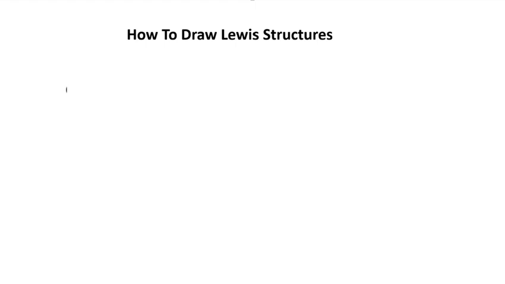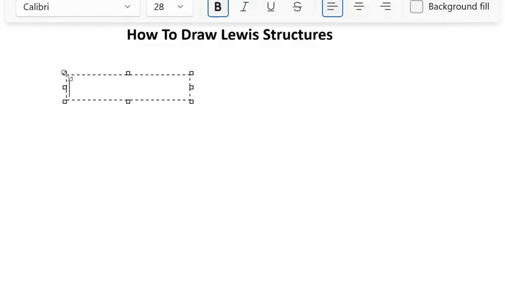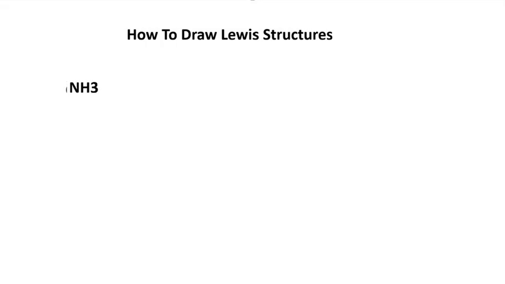Okay, so we're going to do a Lewis structure model for NH3. As I said before, whenever you draw Lewis structures, the first thing you're supposed to do is to count the total amount of valence electrons of that molecule.